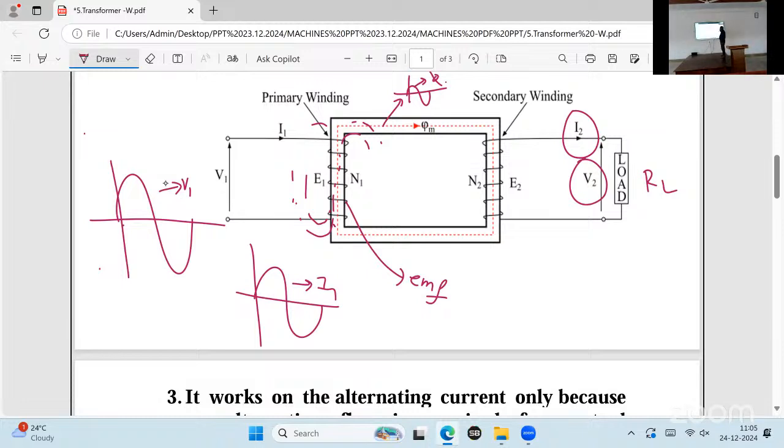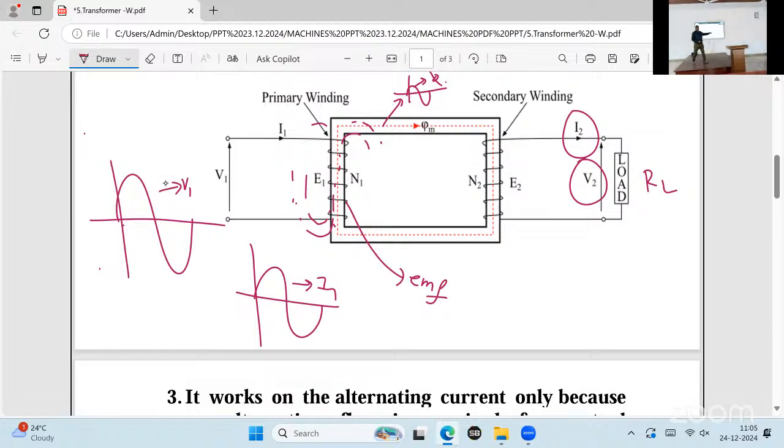I2 into RL gives you V2 across the load. The computer should have 12 volts. Finally, we have reached the target. This is the working principle of a transformer.